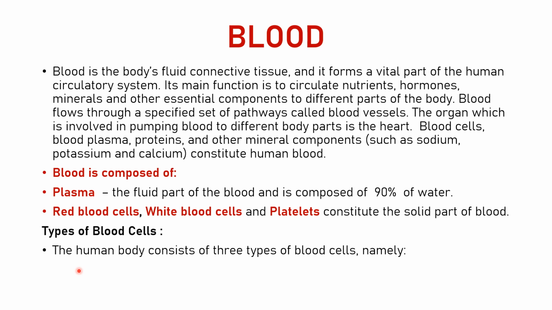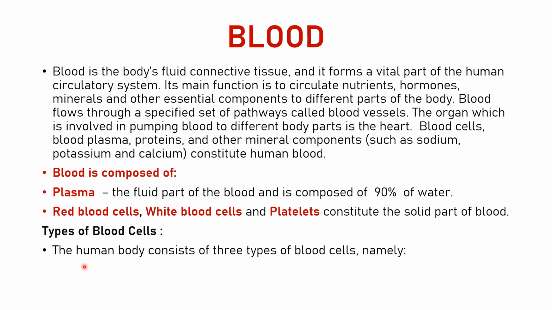Now blood is composed of what? Our blood is composed of two main things. That is the liquid part of the blood, which is nothing but plasma, which is composed of 90% water, right?